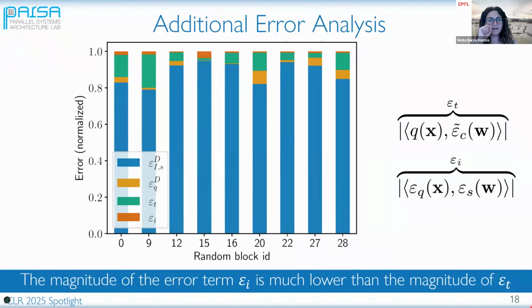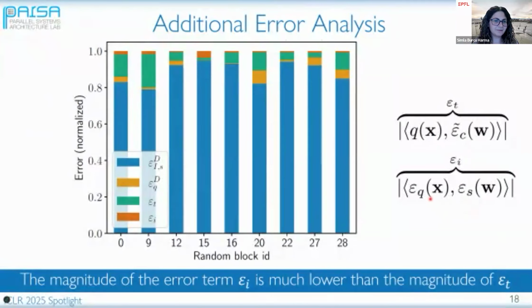We observe that epsilon T is generally higher than epsilon I, which makes sense because both dot product terms in epsilon I are the error values, and we have the quantized value of actual activations. We also observe the difference between these values is more dramatic for the suboptimal order, but I will not go into that.